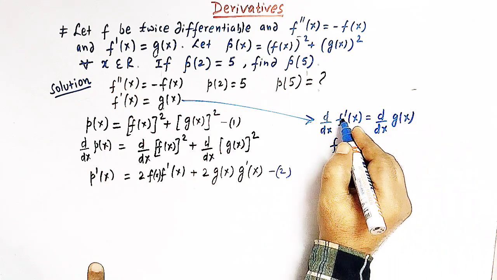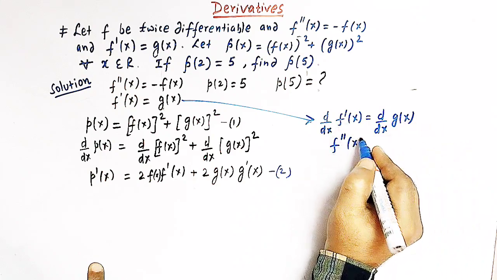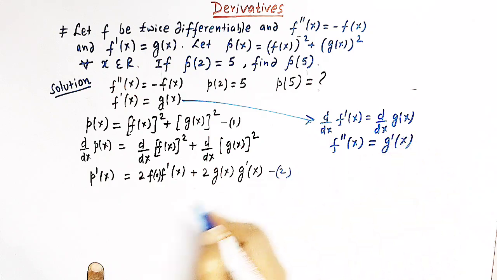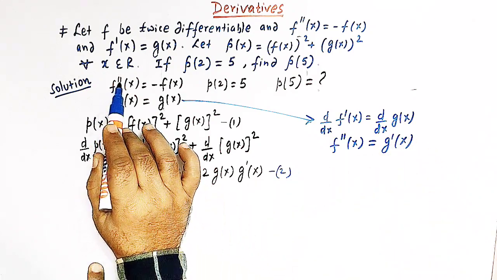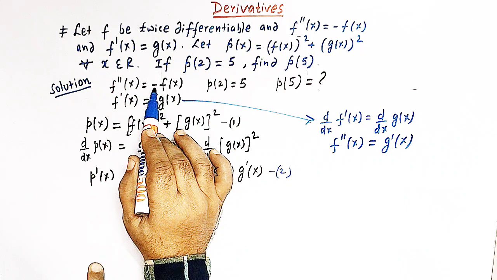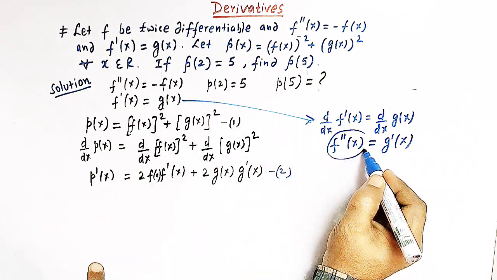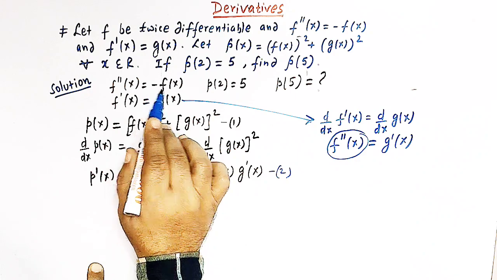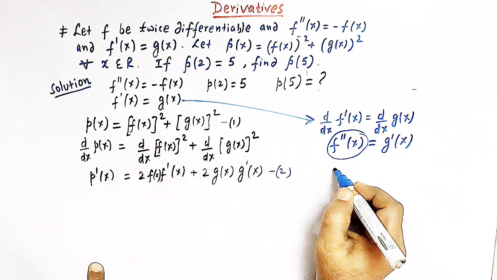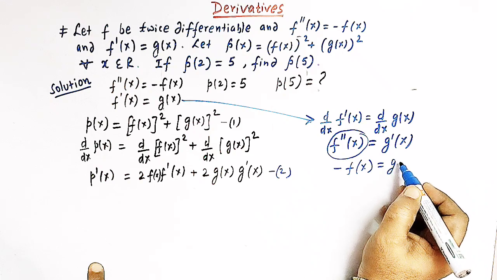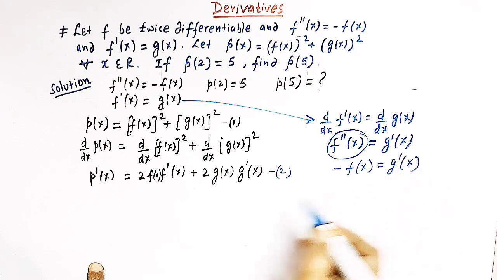So we have f double prime of x is equal to g prime of x, right? And f double prime of x is given as negative of f of x. So replacing this f double prime of x by negative of f of x, we have minus f of x is equal to g prime of x, right?